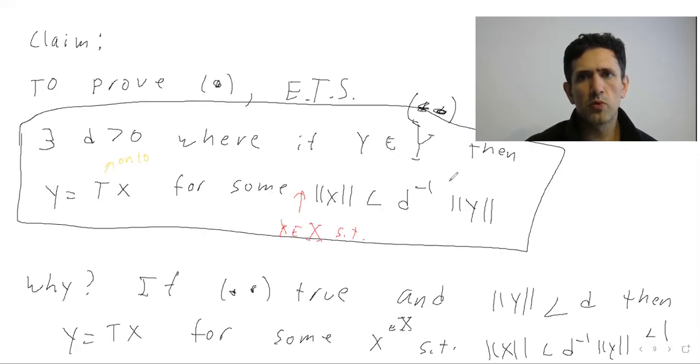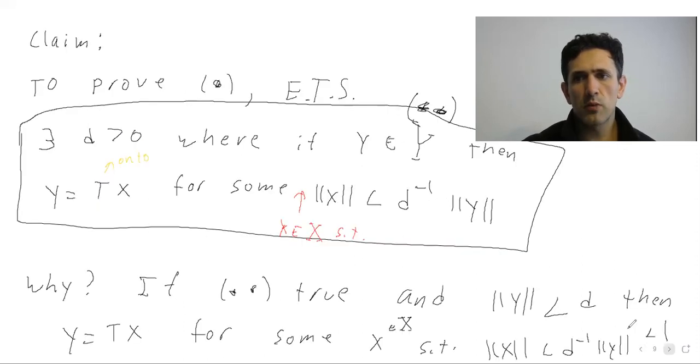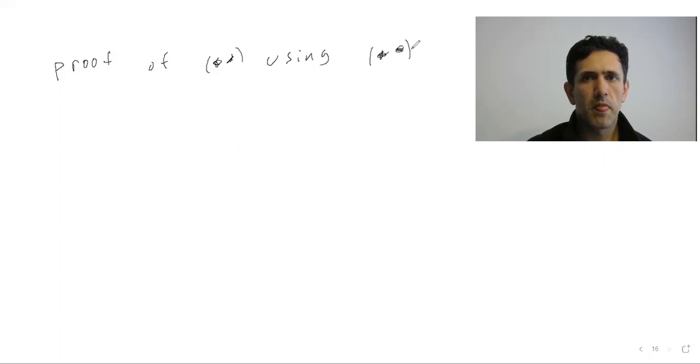Now let's prove this star star here. Let's see how to cleverly iterate this approximate version of star star to get what we want. Sorry, using lemma 3.19.